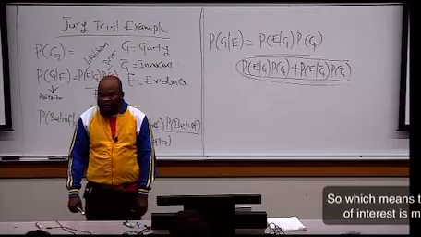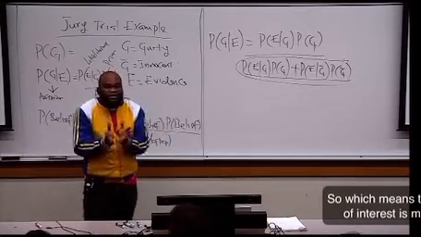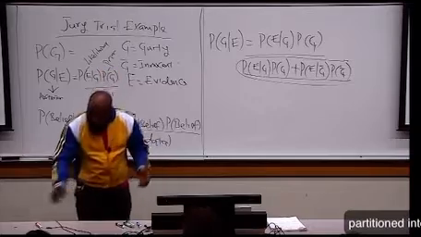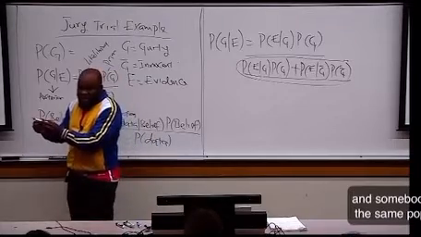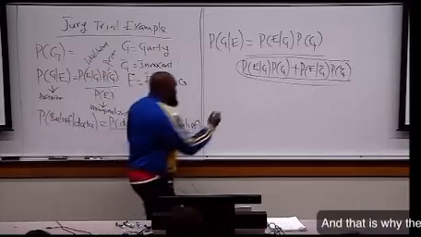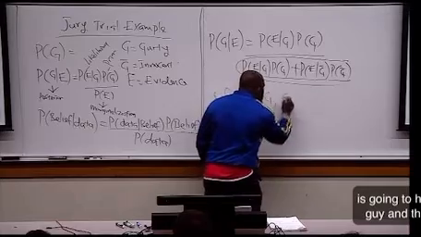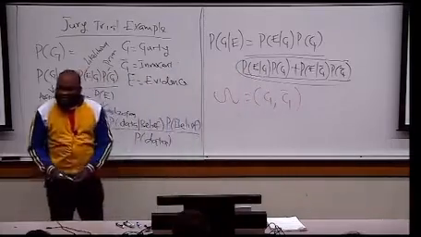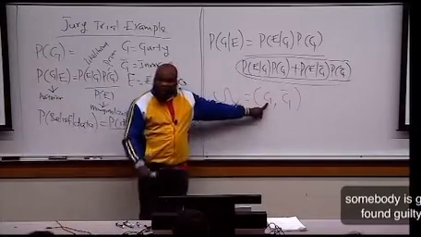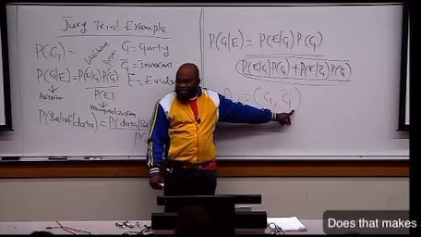Can you see that? Which means the population of interest is partitioned into this guy and somebody else in the same population. And that is why the sample space is going to have this guy and this guy. Somebody is going to be found guilty or not. Does that make sense?